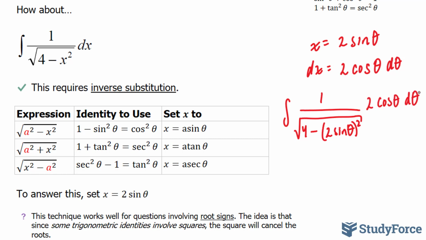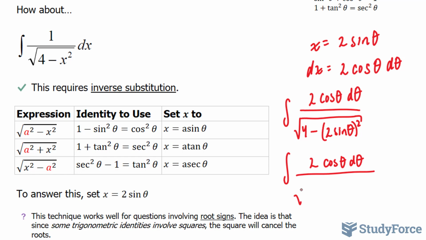Now, of course, I can rewrite this function so that this is at the top. And there's my brand new function. Now what I'll do is distribute this 2 to this 2 and to this sine, where I end up with 2 cosine theta d theta over the square root of 4 minus 4 sine squared theta.